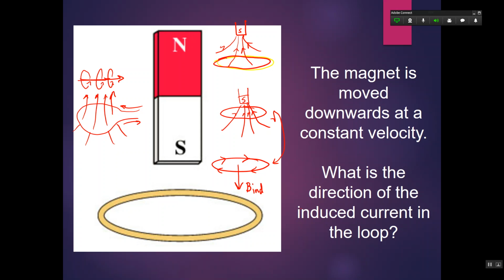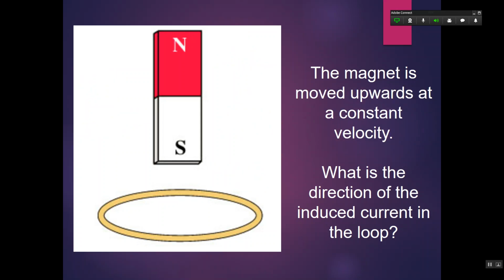I have a magnet. This time I'm moving it upwards. Let's draw our situation initiale. I'm going to draw it closer now. Let's draw it upwards, and therefore there are going to be four magnetic field lines going through my loop. My magnet is moving upwards at the velocity v, let's say.